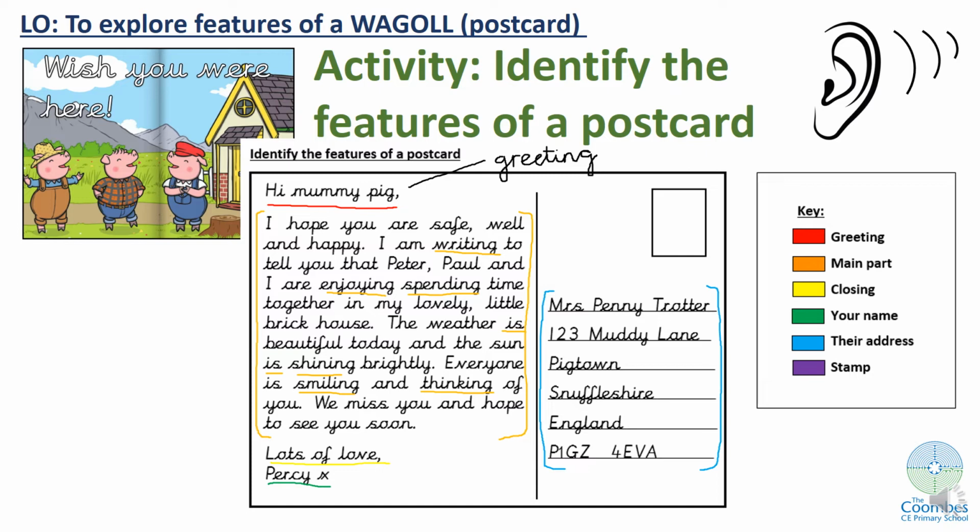Then it tells me what house and what street they are, 123 Muddy Lane. What town or what city they live in, Pigtown. What county they live in, Snuffleshire. Which country they live in, England. And then we've got the postcode at the bottom. But you need to make sure you remember this is their address.